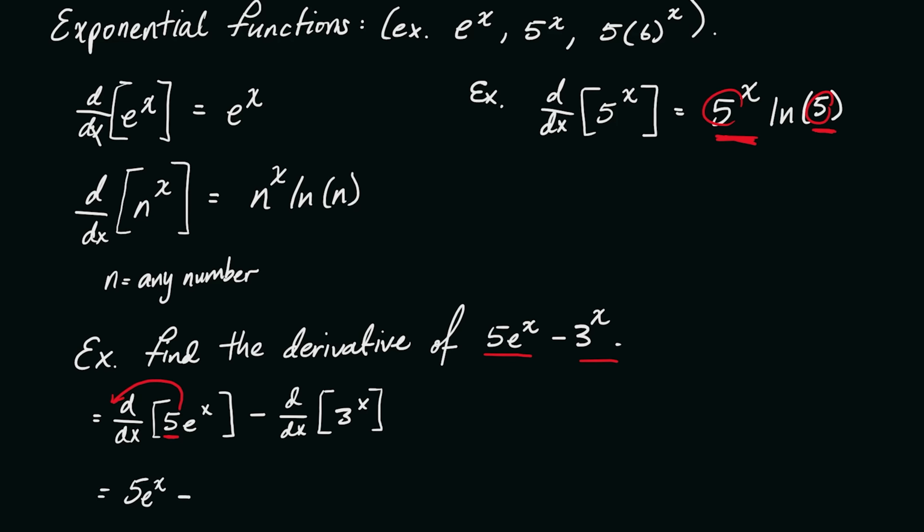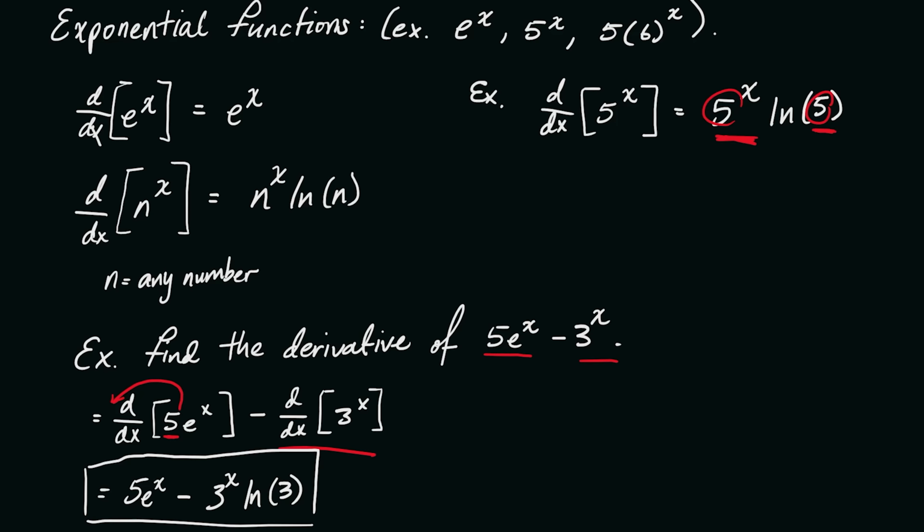Now the second term is a little bit different. It has a number, but then x is the exponent. So we keep it the same, but then we multiply it by ln of the base, so ln of 3. And that is our answer.